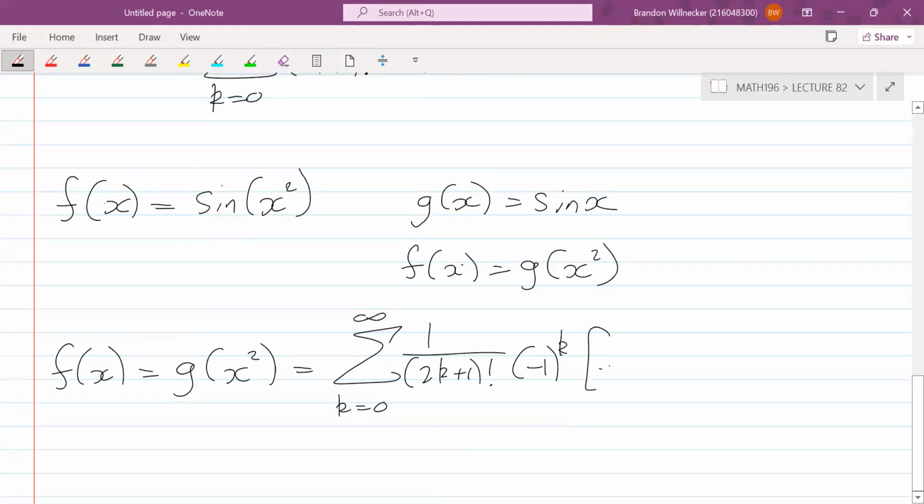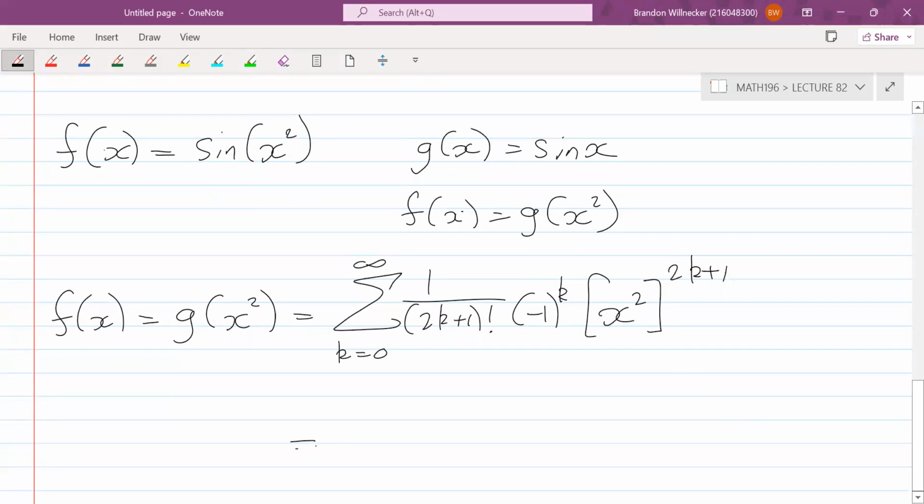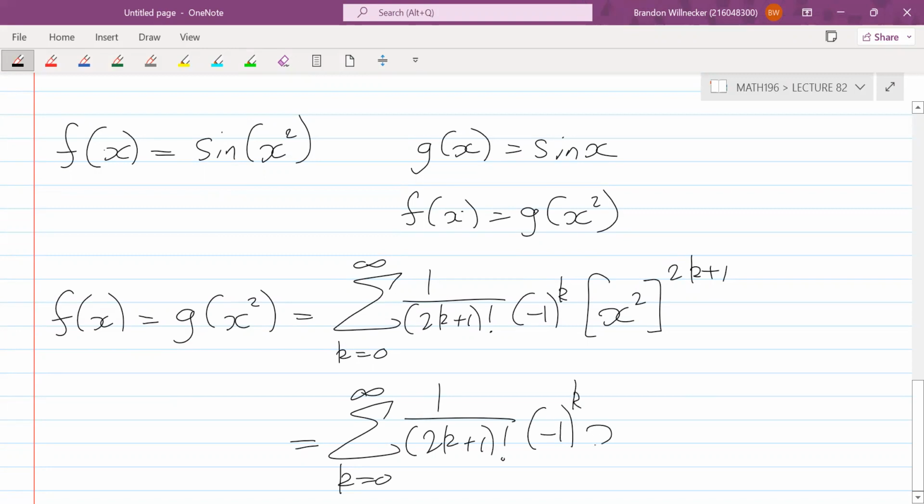Now we can write x squared to the 2k plus 1. Okay, because we're doing a composition of functions. So this is going to be the sum from k equals 0 to infinity, 1 over 2k plus 1 factorial, minus 1 to the k, x to the 4k plus 2.